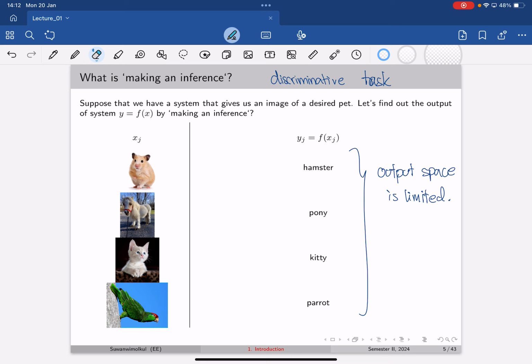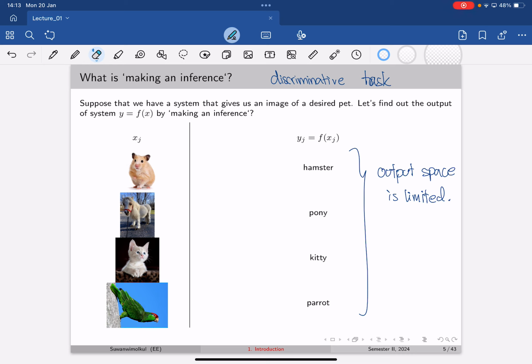Or if you were to use this model to predict the price of a house, usually the price will lie, in Thai baht, around 100,000 to millions. It probably won't be something like 10 baht. So there are limitations on what the value of your output will be.